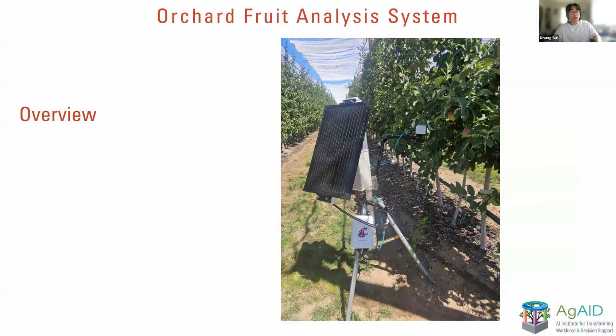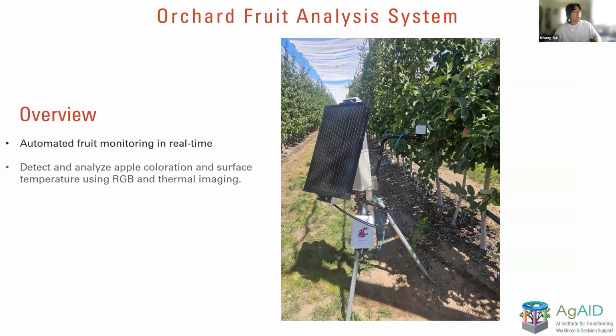So our orchard fruit analysis system is designed for automated real-time fruit monitoring, specifically targeting apples in our deployment. It uses RGB and thermal imaging to detect fruits and analyze their coloration and surface temperature, which are key indicators of early signs of sunburn stress.